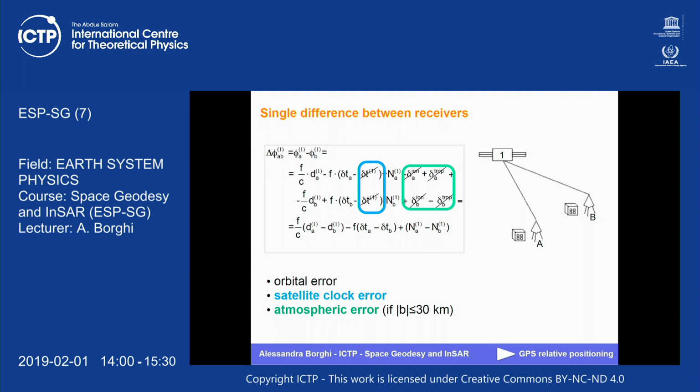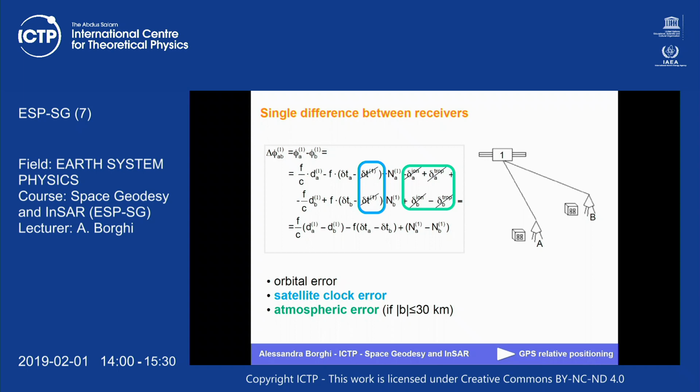But we can reduce also these two terms, ionosphere and troposphere delay, but at one condition: if the baseline, the distance between A and B, the two receivers, is shorter than 30 kilometers. Under this condition, we can suppose that the atmosphere is more or less the same at the two stations. So if this condition is respected, we can cancel this effect.